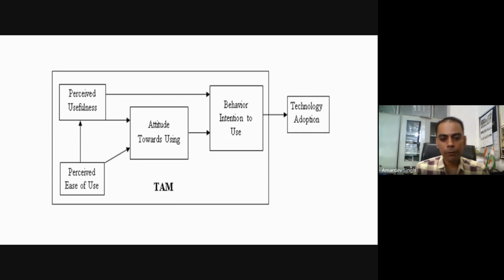This is a very basic framework. We call it the technology acceptance model, given by Davis, experimented across different technological segments to study the adoption perspective, adoption factors.